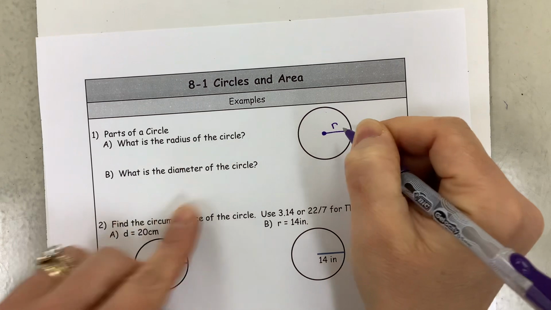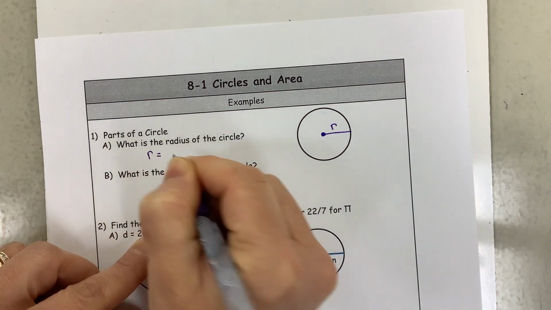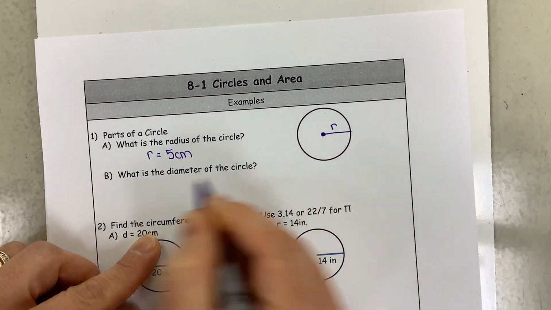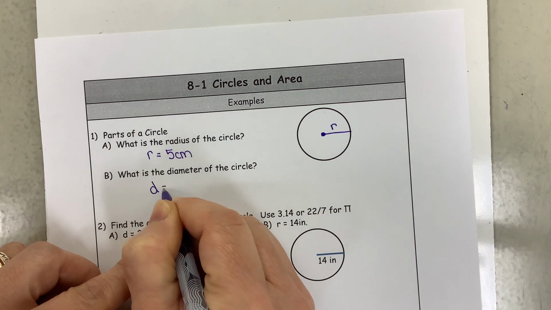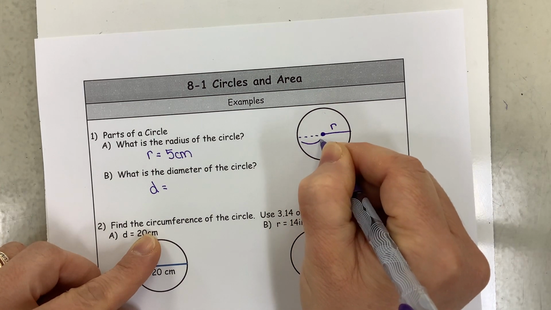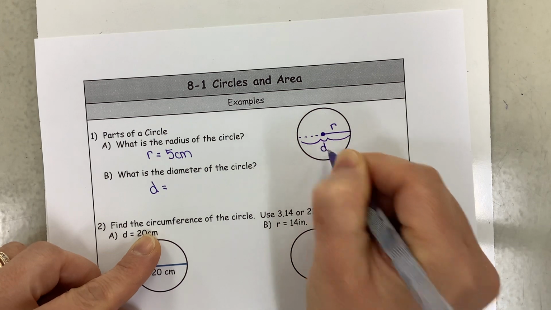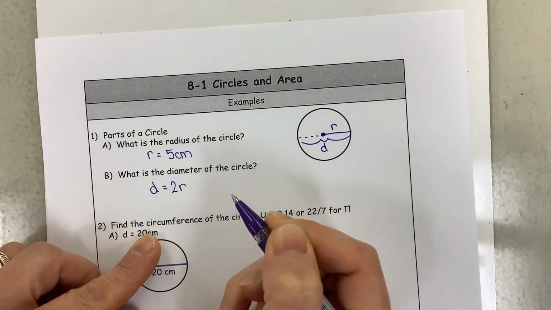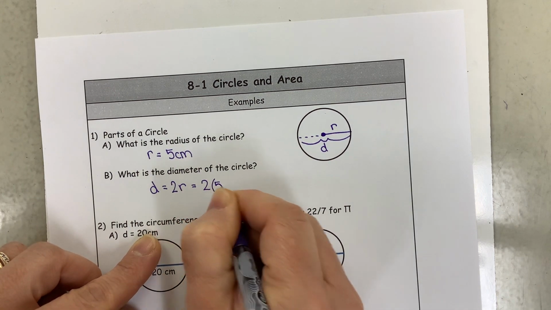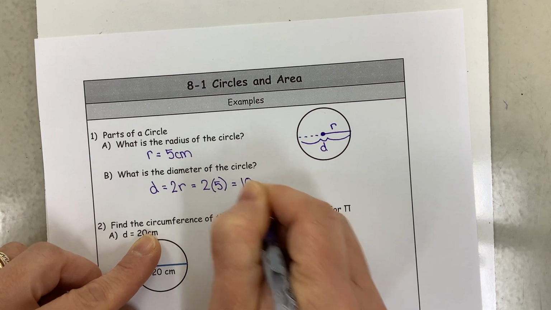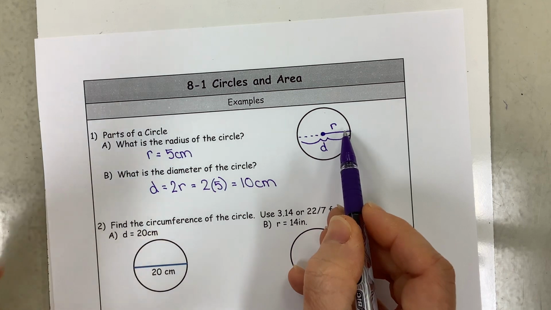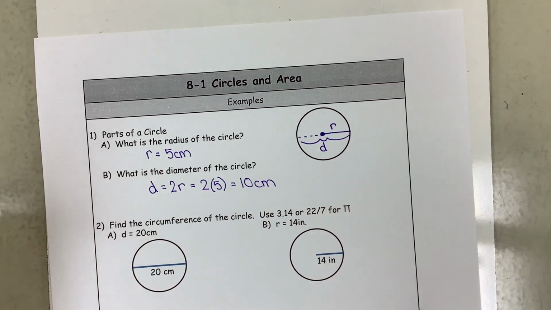If I tell you that the radius equals 5, we'll say 5 centimeters, okay, that's right here, then the diameter is all the way across, and that's really 2 times the radius, or 2 times 5, and that would give us 10 centimeters for the diameter. So the radius is the short one, the half, and diameter is double that.